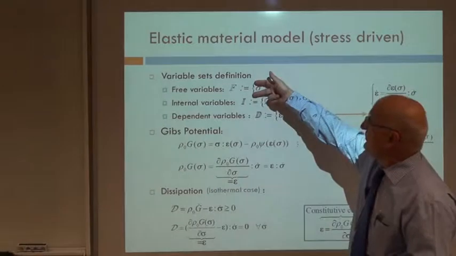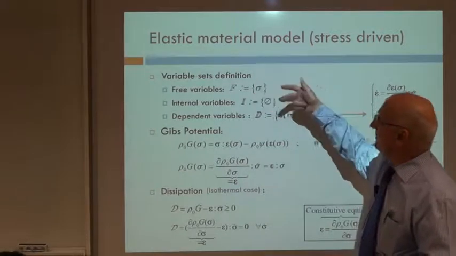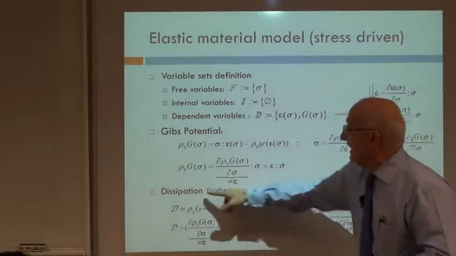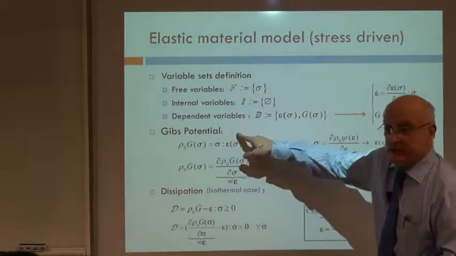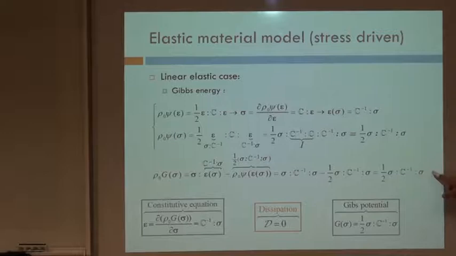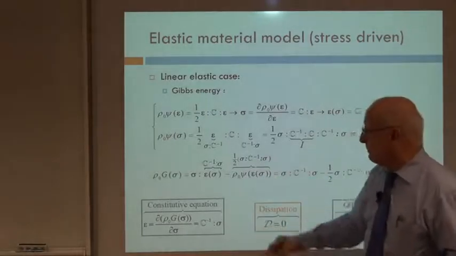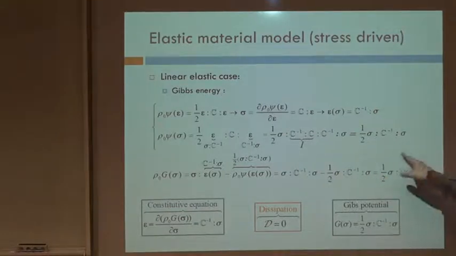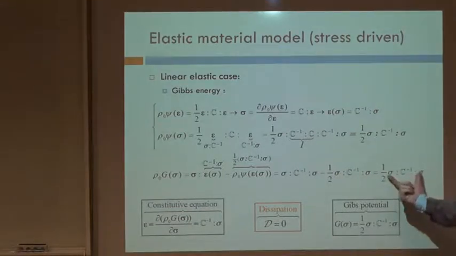I need to define the stresses as the free variables. That doesn't exist. And then I need to define the Gibbs potential. The Gibbs potential is that. According to that, what is the constitutive equation? The strains are the derivative of this Gibbs potential with respect to the stresses. This is a quadratic form, so for derivation of that, it's like I have 1/2 of x times 1 over c times x.